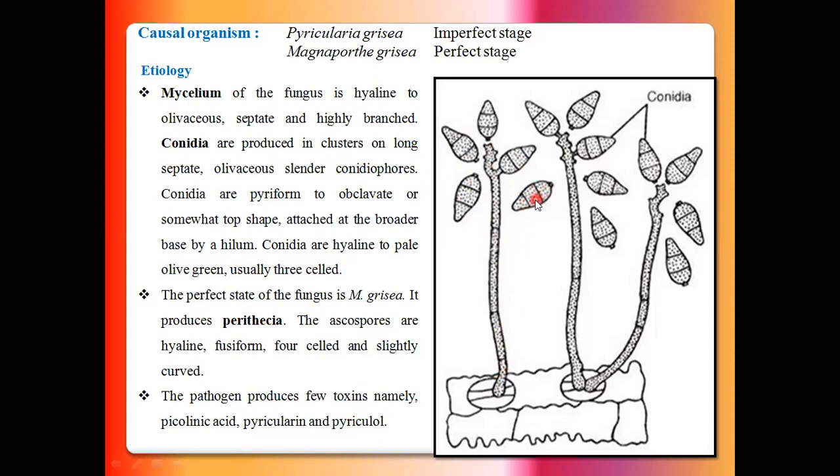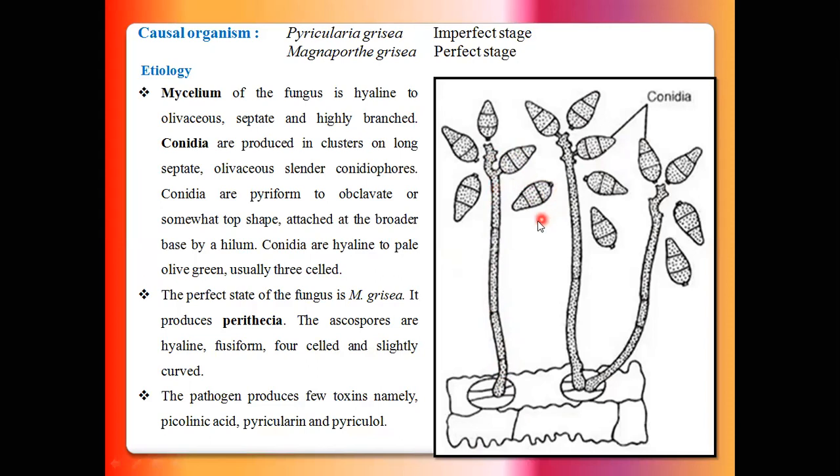Then you see the septa, how many septa are produced within a single conidium. In the blast pathogen Pyricularia grisea, the conidium is generally three-celled and pale olive green in color. Three septa means 1, 2 and 3. So this three-septate conidium is generally produced at the tip of the conidiophore.